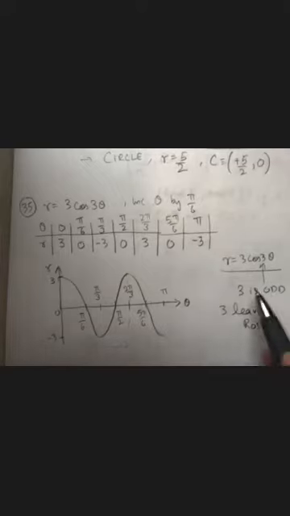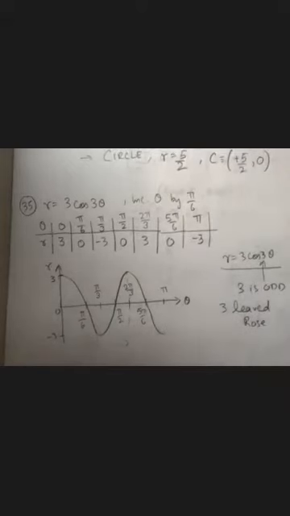They call it a flower or rose, a 3-leaved rose. Because 3 is odd. For the even case, you have to multiply by 2. So let's draw the 3-leaf rose, but we have to be careful.